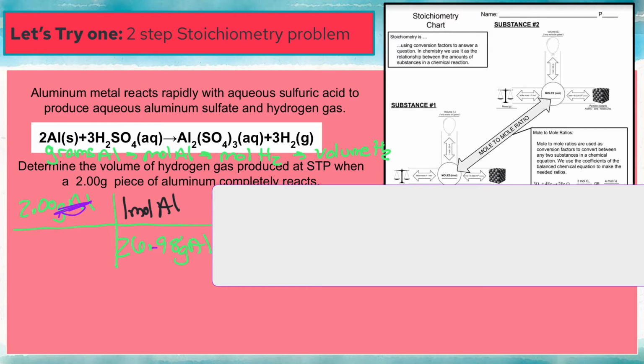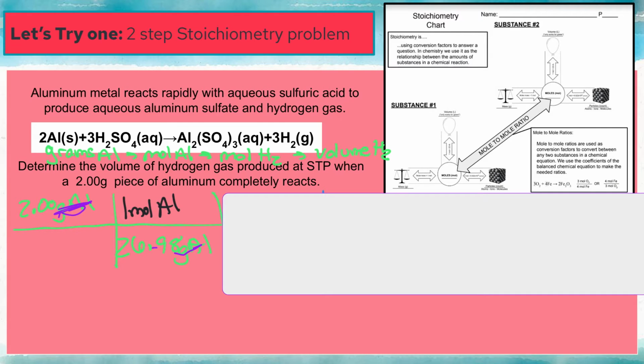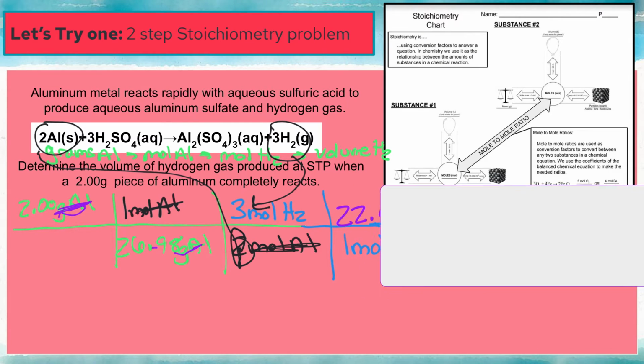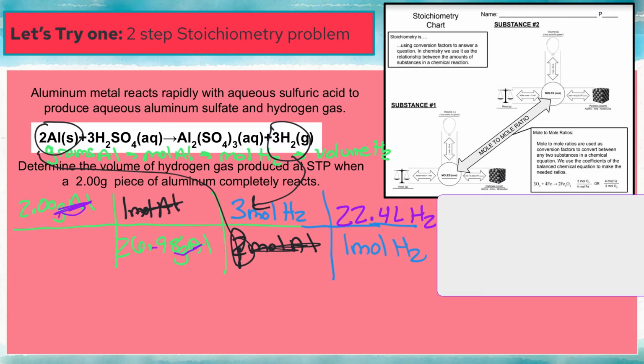Now, hold on. My next conversion factor comes from my balanced chemical equation. So I have my 3 moles of H2 comes from here, and my 2 moles of aluminum comes from here. Then that means my moles of aluminum will cancel, and at that stage, I'm left with moles of hydrogen. Then I need to go from my moles of hydrogen to my volume of hydrogen at STP.